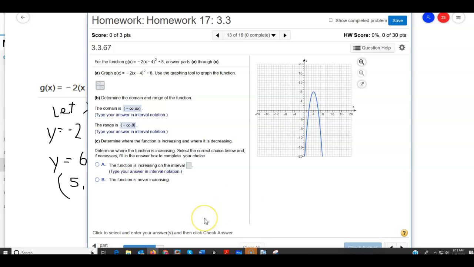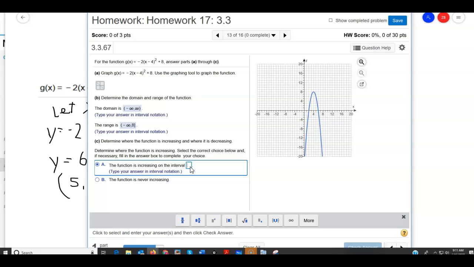All right, determine where the function is increasing and where it is decreasing. Increasing means as we're moving from left to right, where is our function going upwards? Moving left to right, it starts at negative infinity, because this goes down to negative infinity. As we're moving left to right, this function is moving up.